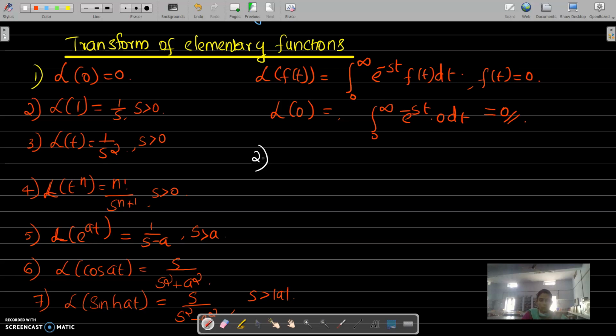Okay, so look at the second one. What is L of 1? From the definition, L of 1 is the integral from 0 to infinity of e raised to minus st into f of t, which here is 1, dt.